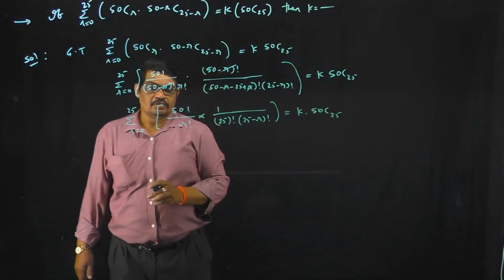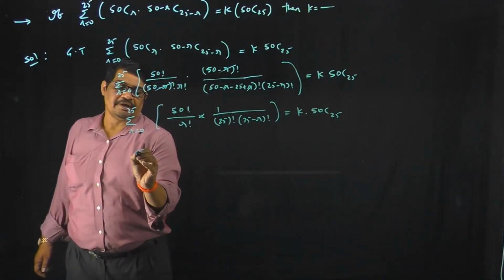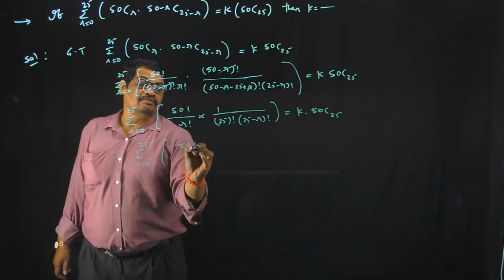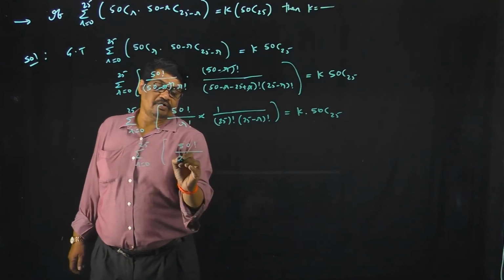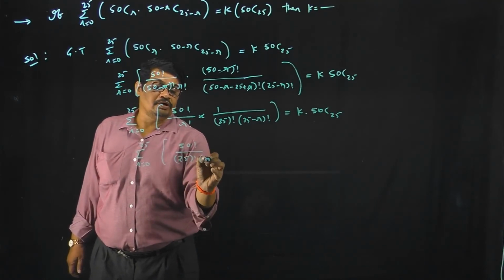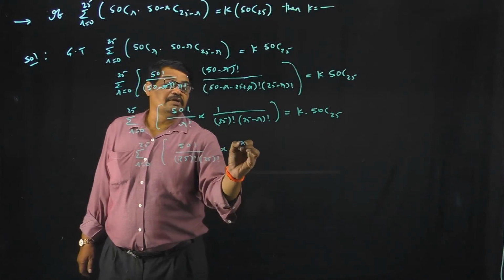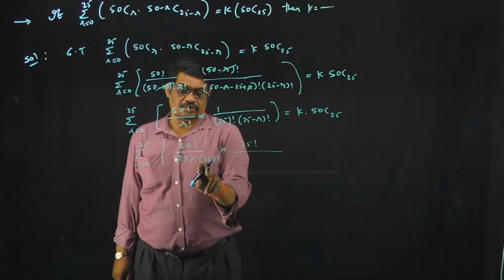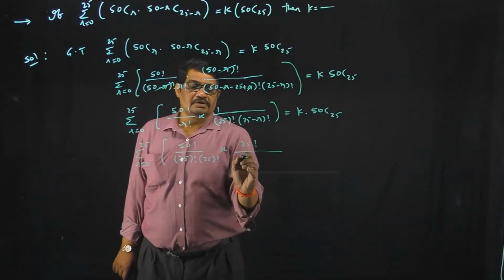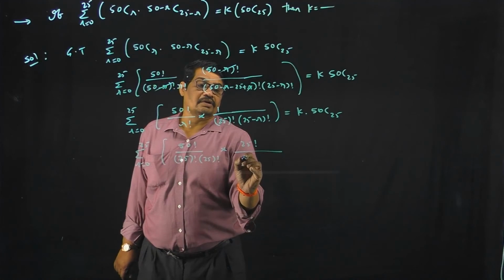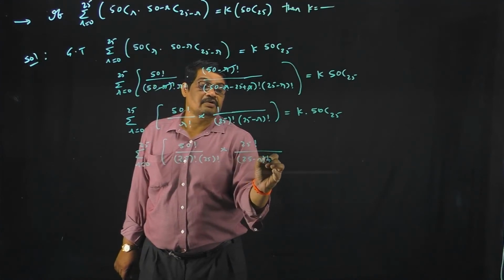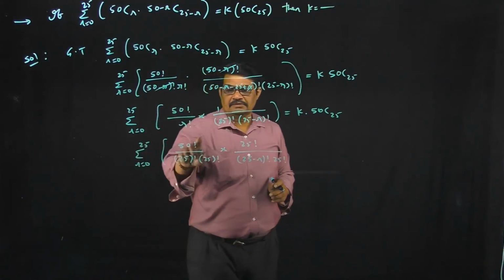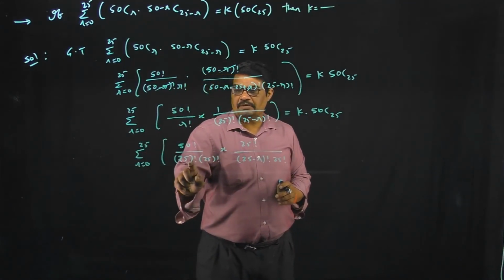Now we write sigma R equals 0 to 25, 50 factorial by 25 factorial into 25 factorial. Now we multiply and divide with 25 factorial, so that we have 25 minus R factorial into 25 factorial.